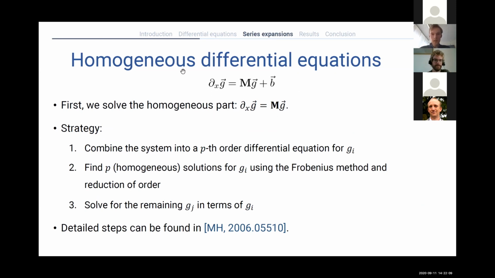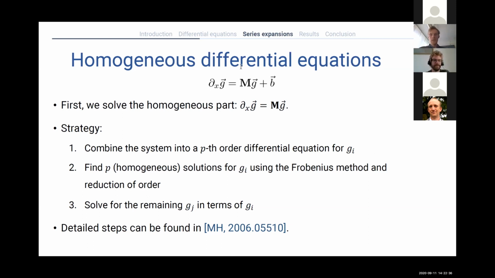So then you end up having to solve a set of differential equations like they are given here at the top. Now, this is of course rather standard material that I guess you learn in your undergrad. The first thing you do when you have such a system is you solve the homogeneous part.